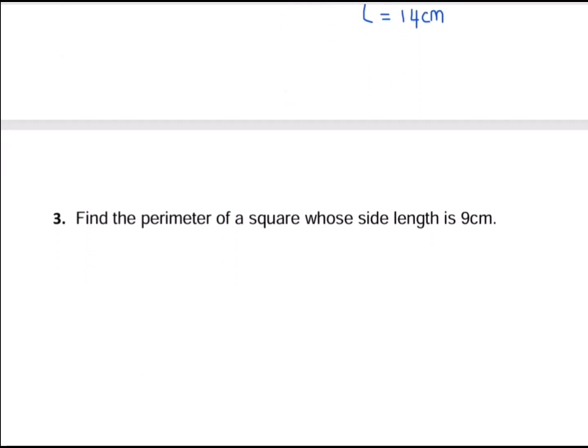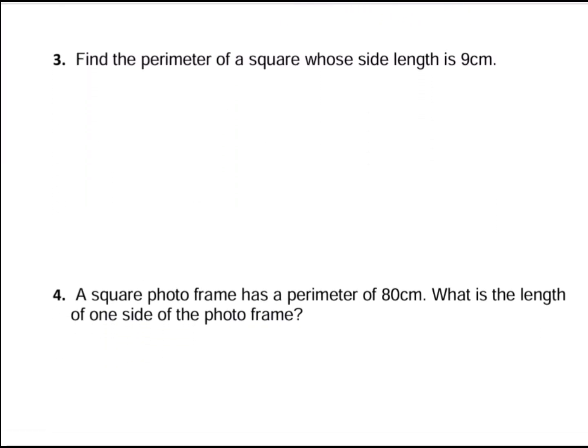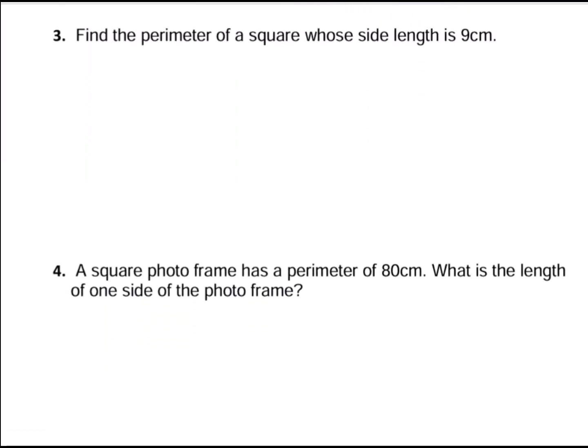The perimeter of a square. Find the perimeter of a square whose side is 9 centimeters. So let's draw our square. Okay, so this is our square.